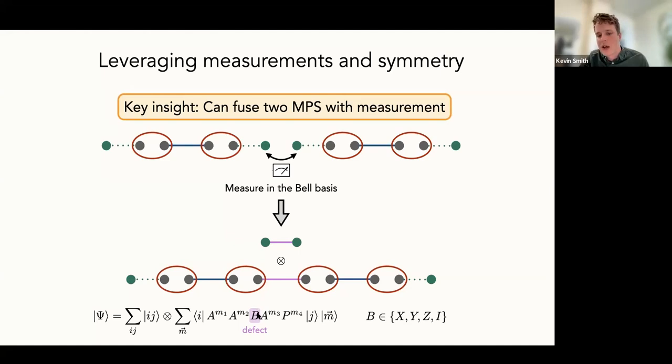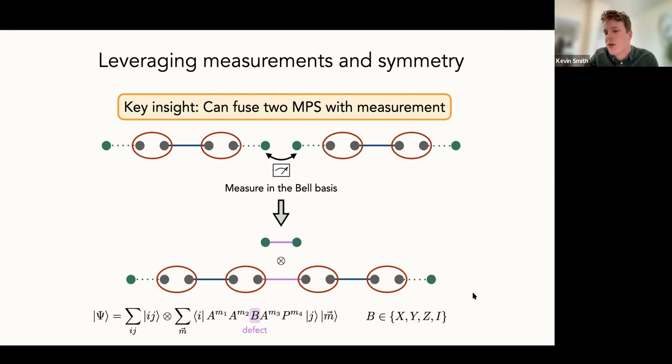So we characterize this in terms of the matrix product state representation in terms of this defect matrix B. And this defect can take the form of any one of these 4 Pauli operators corresponding to the 4 different Bell measurements. Okay, so this is the first ingredient, and I'll just say that this generically will work for any matrix product state. Okay, but this is of course probabilistic.